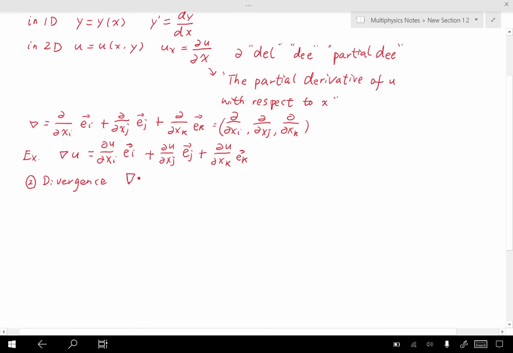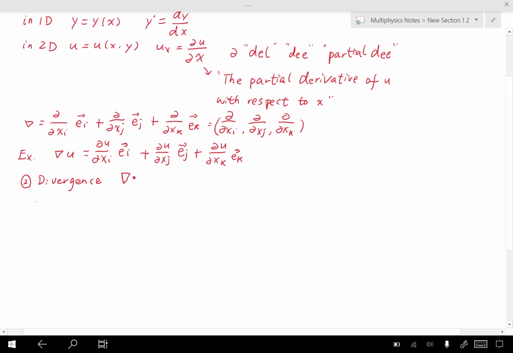So divergence, you can see that is just the combination of a vector and a dot product sign, right? So let's see what's going to happen if we have something like this. If we have the divergence of a vector u, what's going to happen? This is just a dot product of 2 vectors, right?